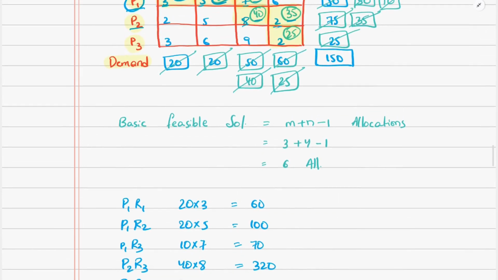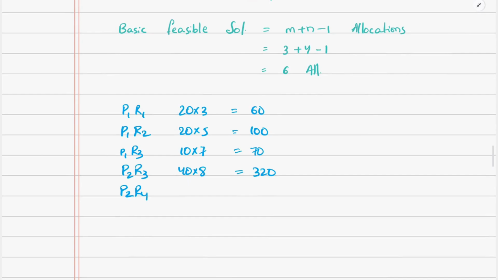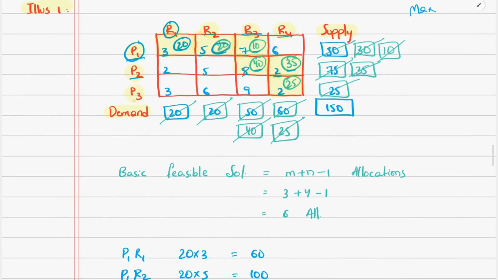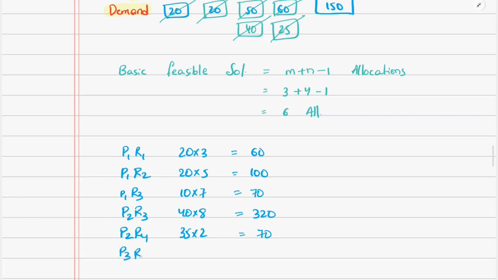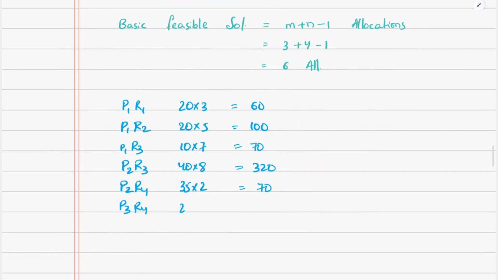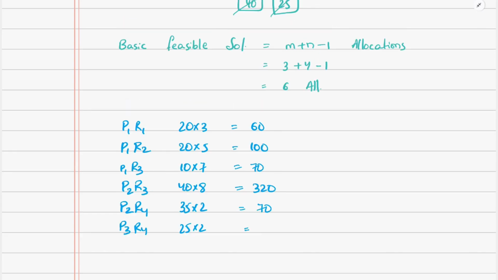The cost is 2 rupees. 35 units, the cost is 2 rupees, so 70. Next, from P3 to R4, I made an allocation of 25 into 2 rupees. So P3 to R4, 25 into 2. This basically means 50 rupees.